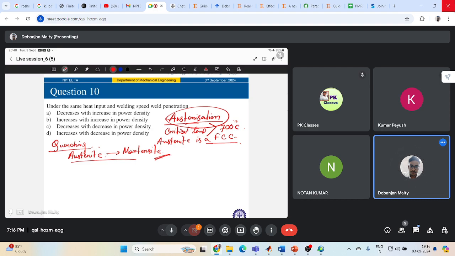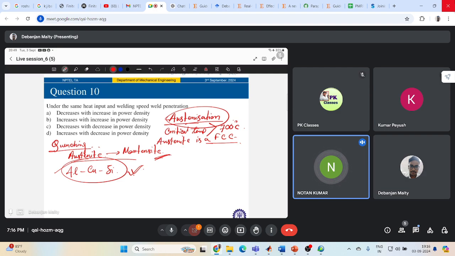Precipitation hardening is more observed in some alloys of aluminum, copper, and Si alloys, so it is suitable for these kinds of alloys. Both precipitation hardening and work hardening, or this refinement and recrystallization, are observed in the heat affected zone. I would come to that.